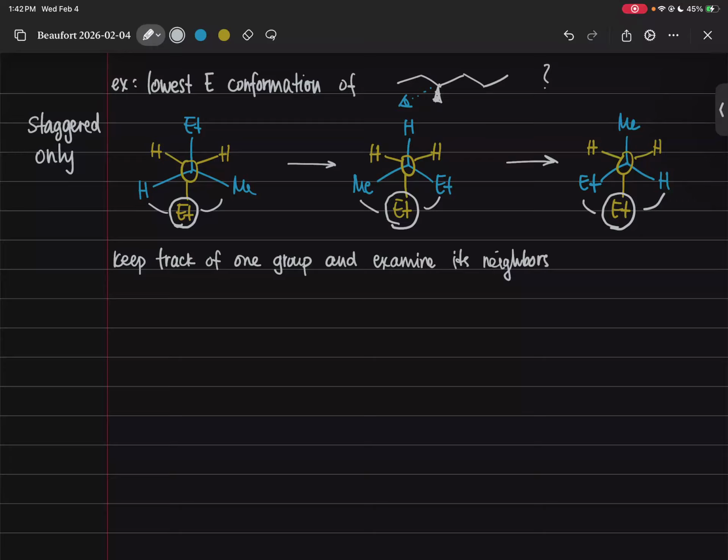So we're going to keep track of one group, in this case, that ethyl group, and examine its interactions with its neighbors as the molecule rotates around.